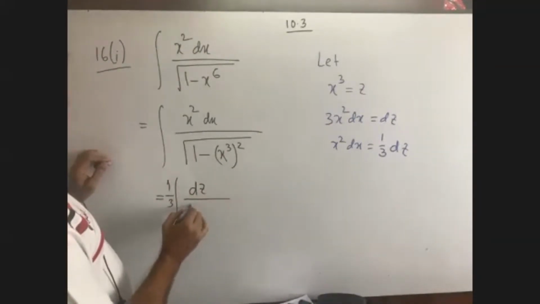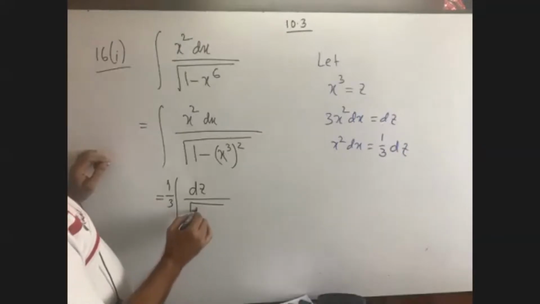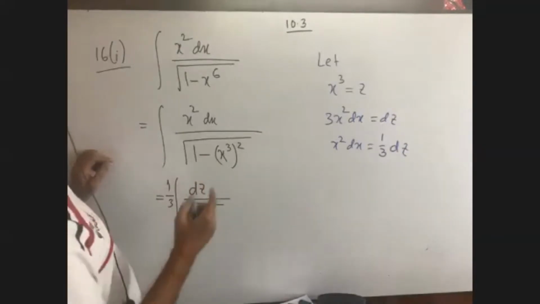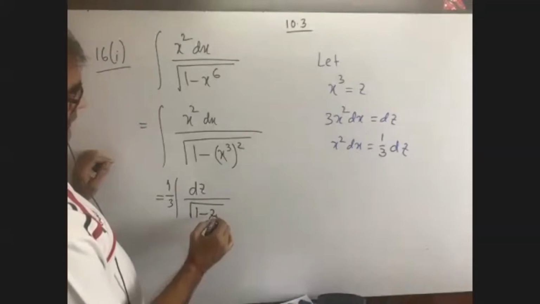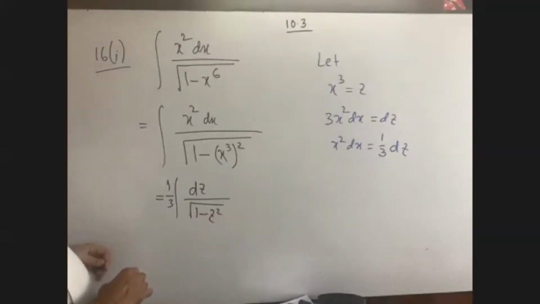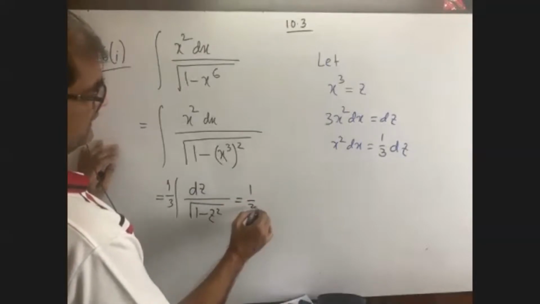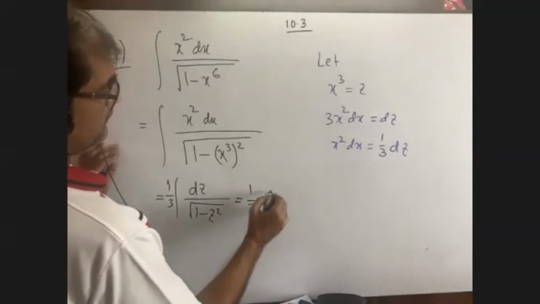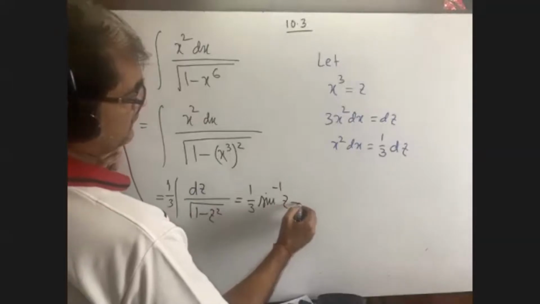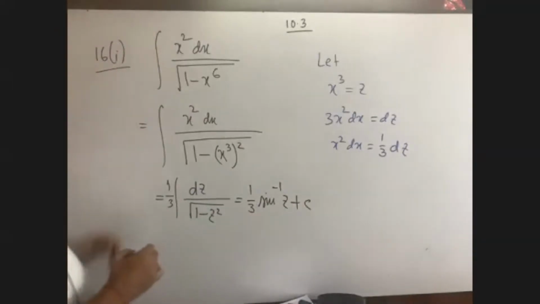Then dz by root over 1 minus z square. Whose formula is this? It is sine inverse z plus c. Now what is the value of z?